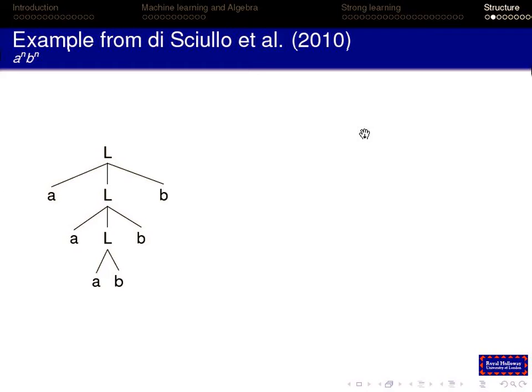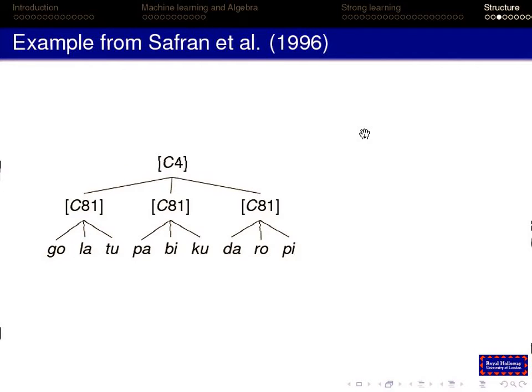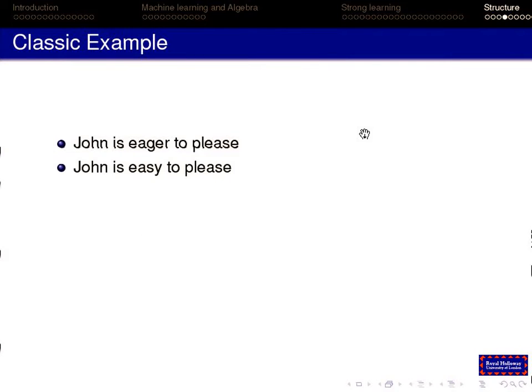If we take the Saffran, Aslin, and Newport data where they have trisyllables of nonsense things, which is a classic example of distributional learning and inference, their test data, we run it through this approach and we get this sort of tree.